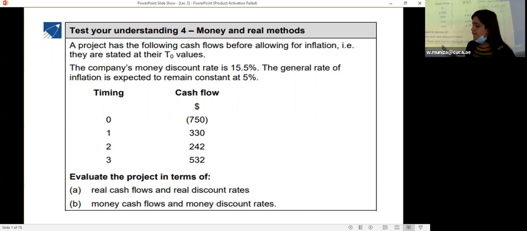Angelica, do you have the formula sheet with you? So we have written the discounting factors for 10% from the formula sheet. Now Hashir, calculate and tell me 330 multiplied by 0.909.